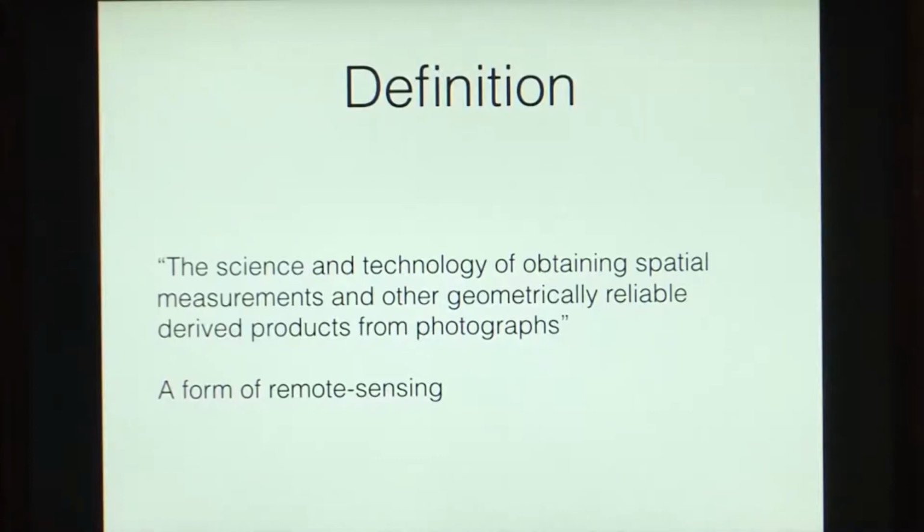Technology is the application of science, so it is the application of knowledge. Spatial measurements means measurements over space. So, we not only take direct measurements, but we can also make other derived products from photographs.